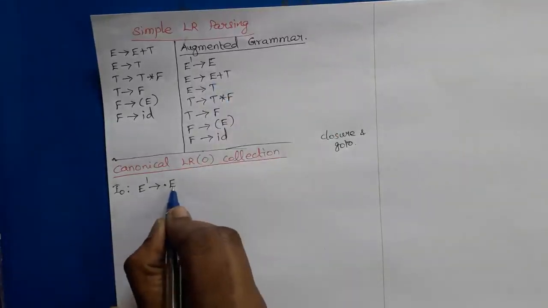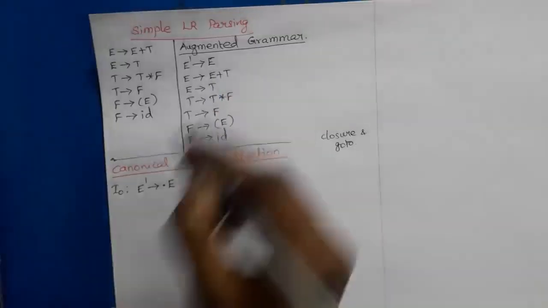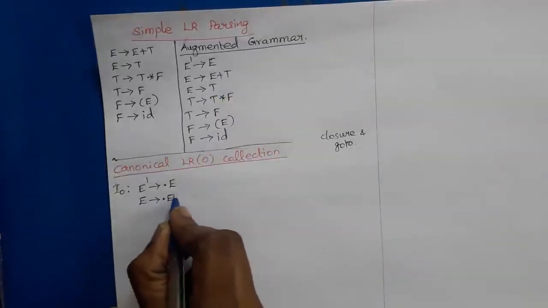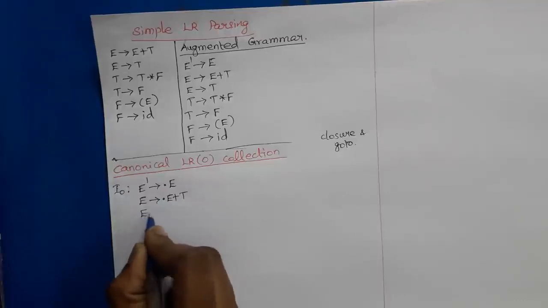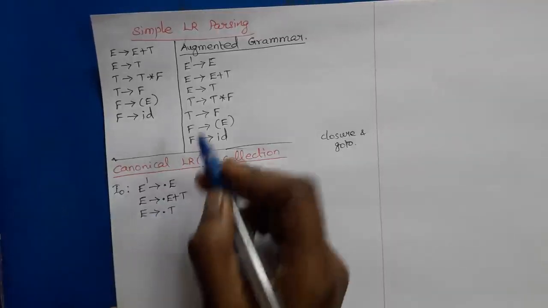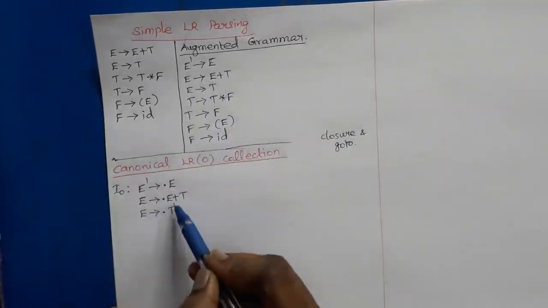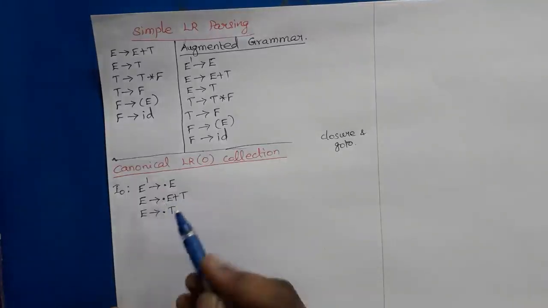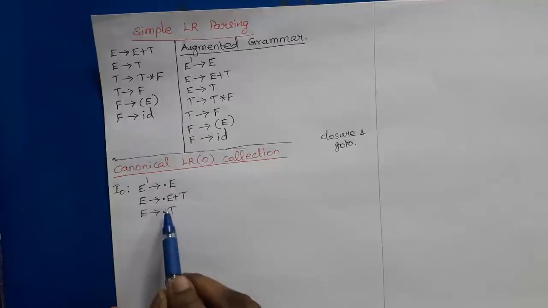So we write E tends to dot E plus T and E tends to dot T. This is called the closure operation.